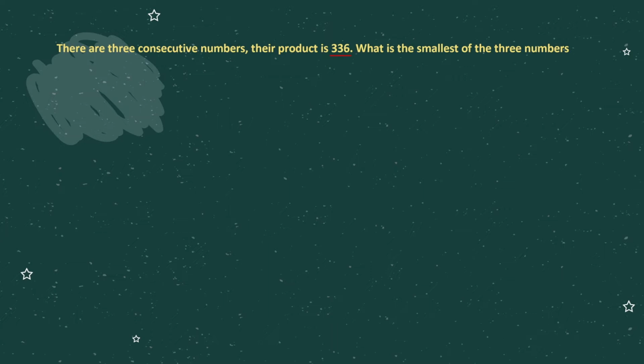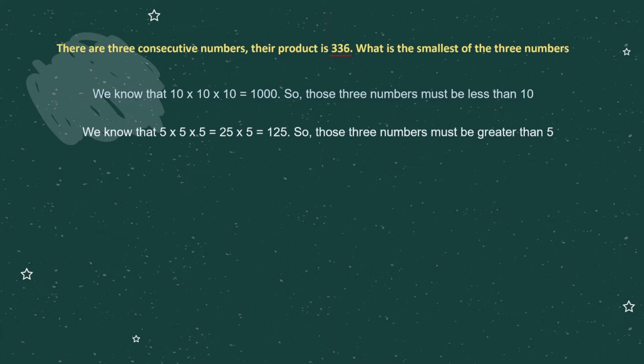Well, we know that 10 times 10 times 10 is 1,000, which is larger than 336. So this tells us that the three numbers must be less than 10. We also know that 5 times 5 times 5 is 125, which is smaller than 336.